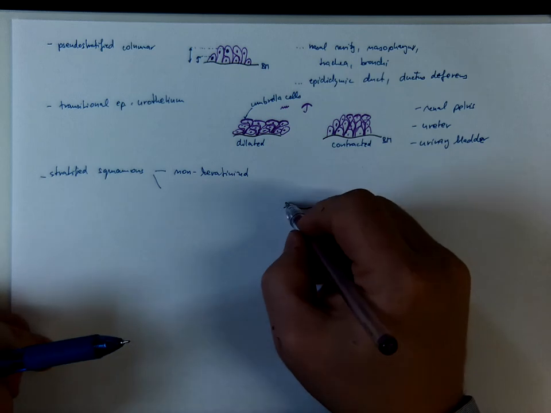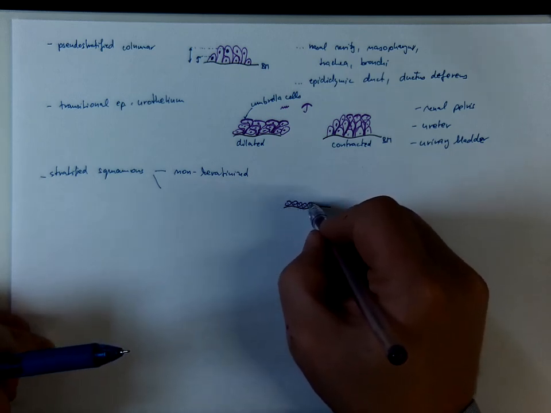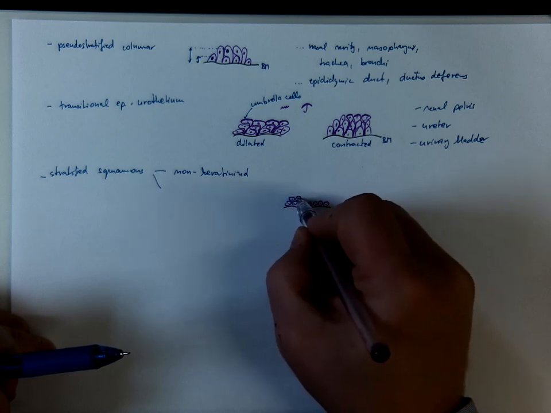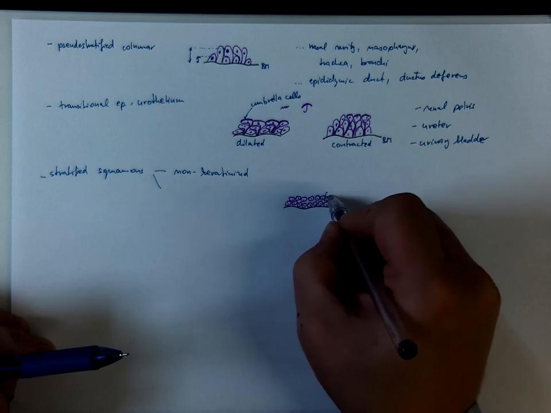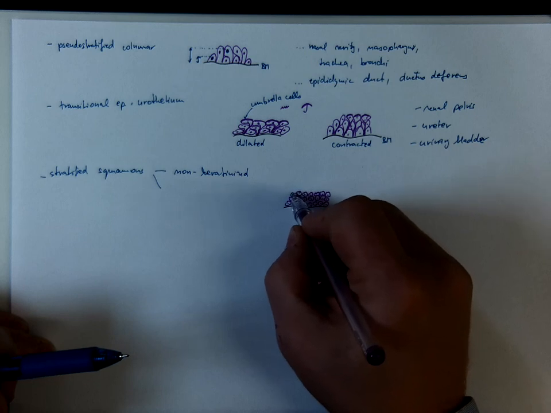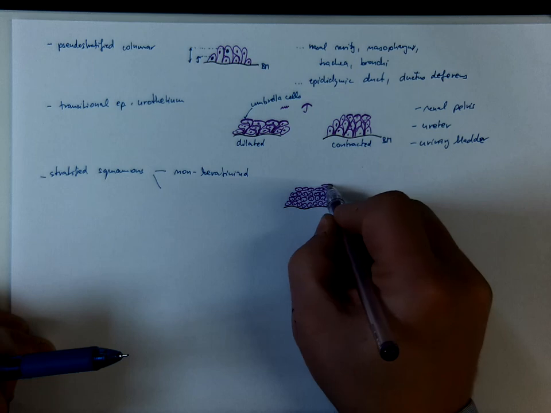The cells in the basal layer are cuboidal, and you have layers with cells of a polygonal shape linked with desmosomes. And gradually the cells become more flat, more squamous.